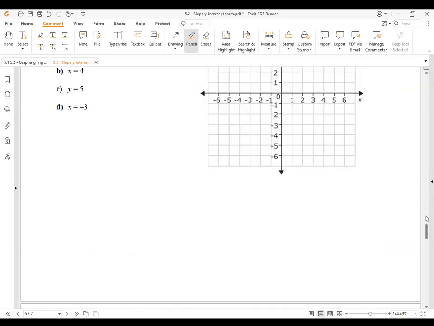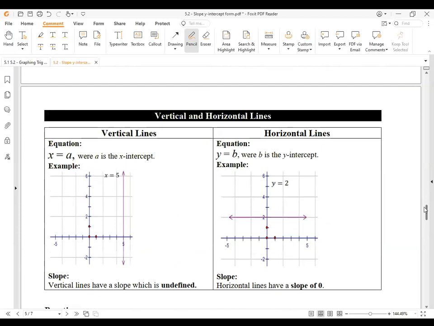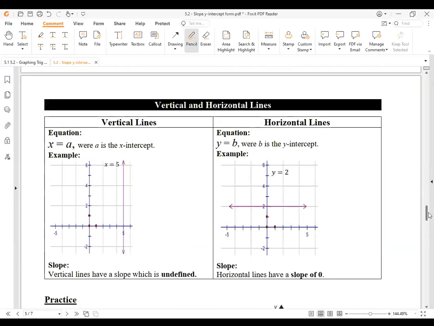I think this is our last real exercise, and that is the concept of horizontal versus vertical lines. What would you say is the slope for a horizontal line? Am I going uphill or downhill for a flat surface?